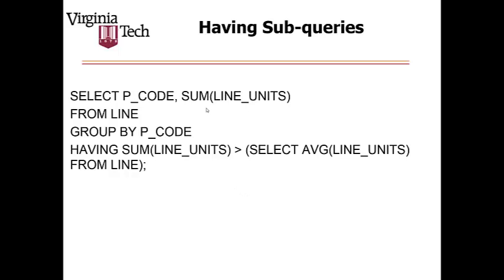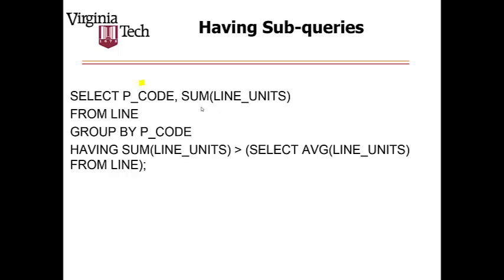So what's happening here is there are many rows in line for each P code. Right? If you think across all invoices for all customers, there are likely to be many instances for each product code in line.